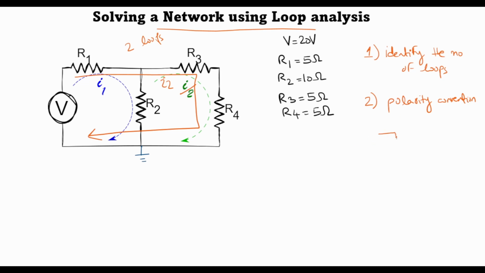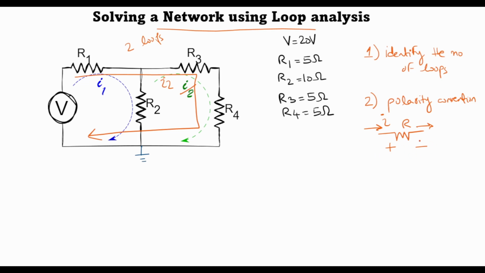If I have a resistor like this, and current is entering, then I can agree that where the current enters, the polarity is positive, and where the current leaves, the polarity is negative. You can also have it the other way around, but this is the most commonly used polarity convention for solving electrical networks, and we will stick with this one.